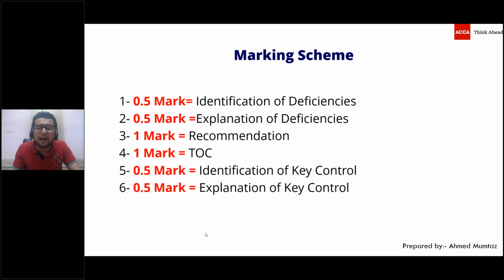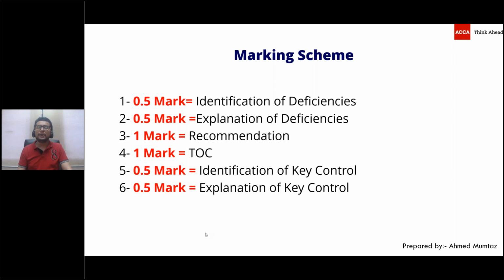Let's say when the goods are received within the warehouse, they are not checked for the quality. Now that's a poor control, because that could lead to a situation where you will accept inferior quality goods, leading to the problems in the production, leading to customer complaints. So that's the identification and the explanation of the deficiency.